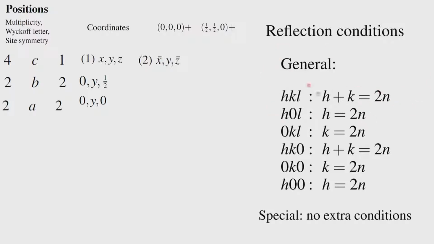So, hkl h plus k equals 2n, h0l h equals 2n, that is because you put k equals 0 here, you get h0l h equals even. Same thing with 0kl, k equals even. So, these two are a consequence of the main systematic absence. So, these two will not carry any meaning, you have to ignore this, even though you will see this.